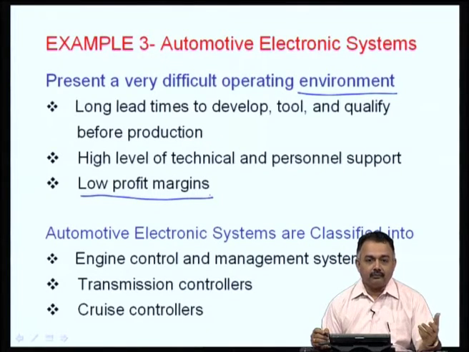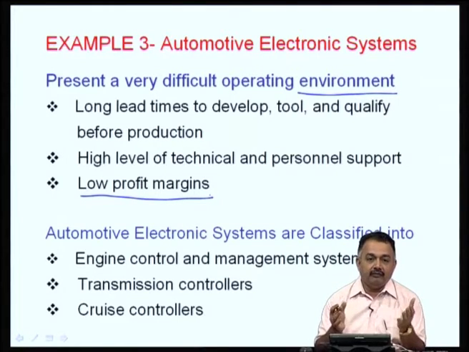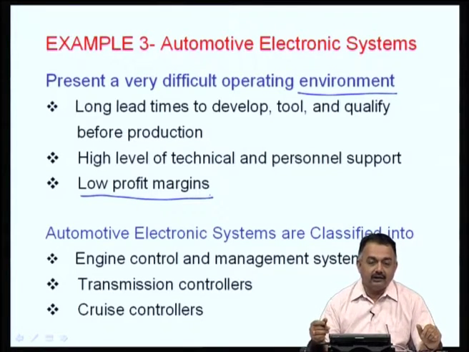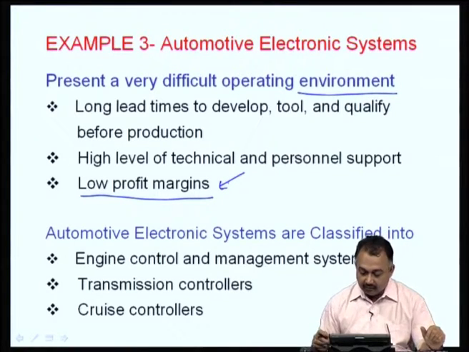Therefore, profits will come only if you keep the price tag very high, and for that the electronic systems will have to be high end performance, and for that you will have relatively very few customers taking it. So, these are all interrelated: cost, volume and the level of technology that you have integrated into the electronic system. So, please remember this item very much for automobile systems.